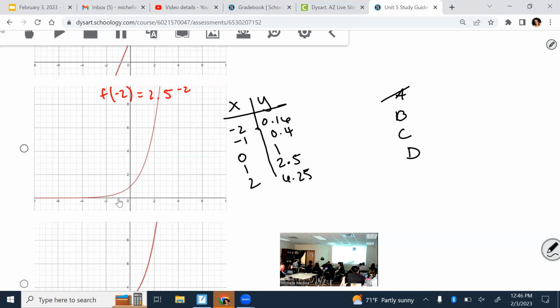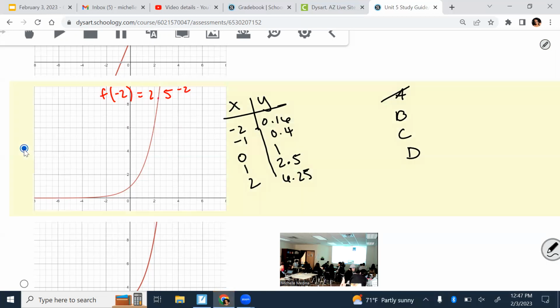At -1, it does look like it could be at 0.4. It looks like it's at 0, 1. It looks like it's at 1, 2.5. And it does look like it's to 6.25. Well, it might be. I think it's B.